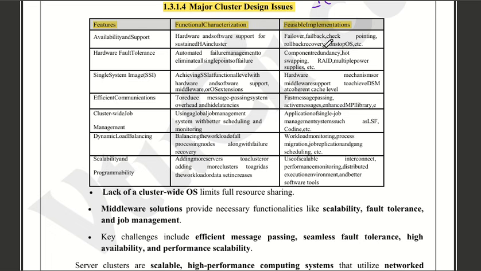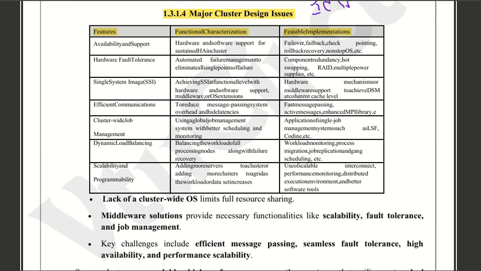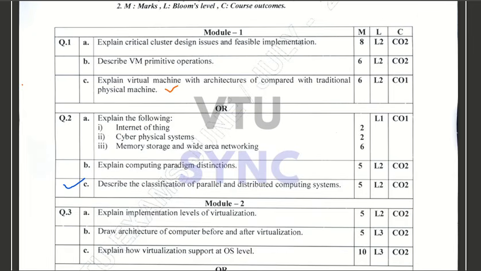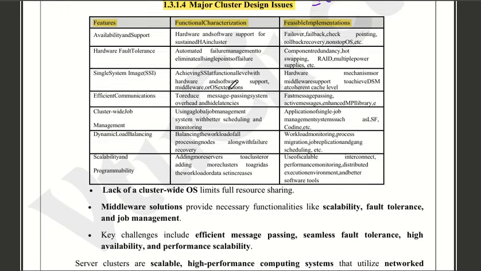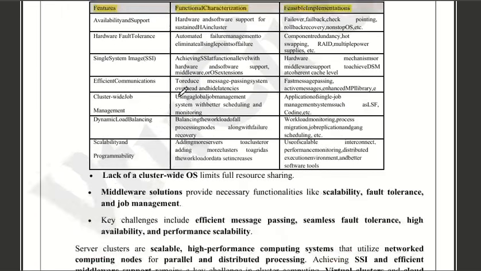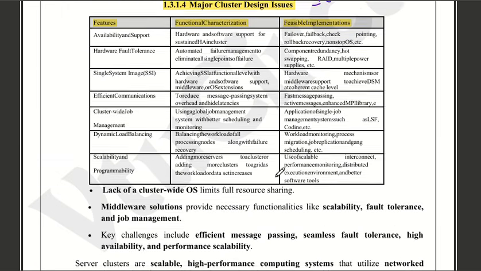Let me show you where that question is. Yeah, here it is: explain the critical design issues in the feasible implementation. You need to explain in terms of these two parameters along with these features, like availability, hardware, and software. Just practice this tabular column.